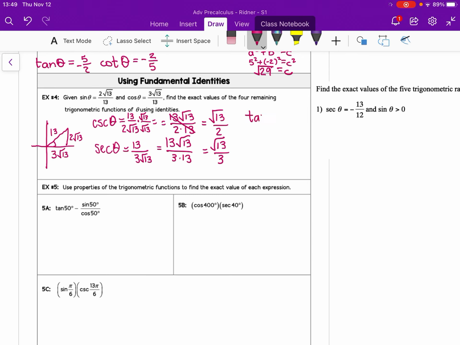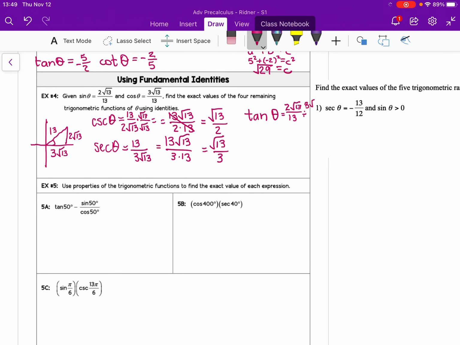And then for tangent, we got to remember our multiplication of fractions. So it is sine over cosine. So 2 square root of 13 divided by, because it's sine over cosine, 3 square root of 13 over 13.